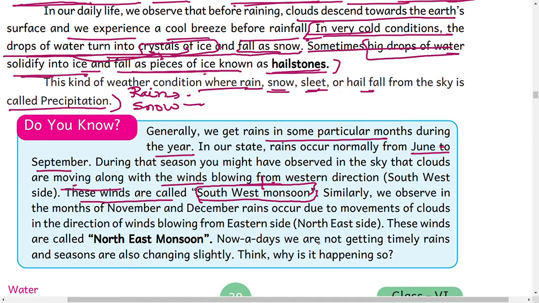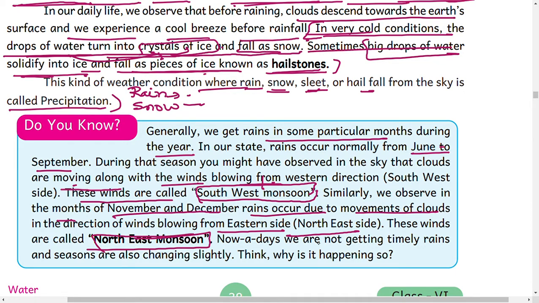Similarly, we observe that in the months of November and December, rains occur due to the movement of clouds in the direction of winds blowing from the eastern side. That's why it is called the northeast monsoon.